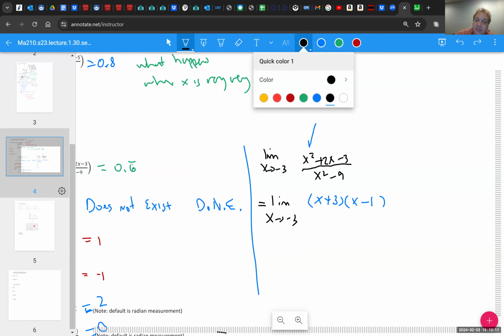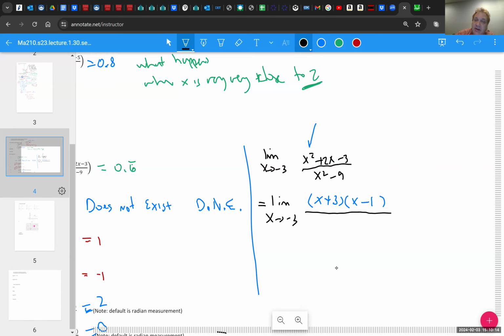On the bottom, I would do the same thing. I need two things that multiply to be x squared, and two things that multiply to be -9. Since there's no x term, they have to combine to give me 0 x's. A +3 and a -3 will work just fine. Again, you should verify that when you multiply out these two binomials, you recreate x squared minus 9.